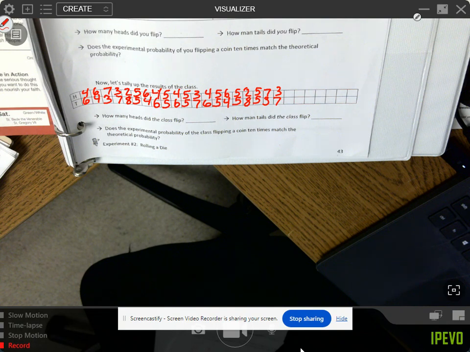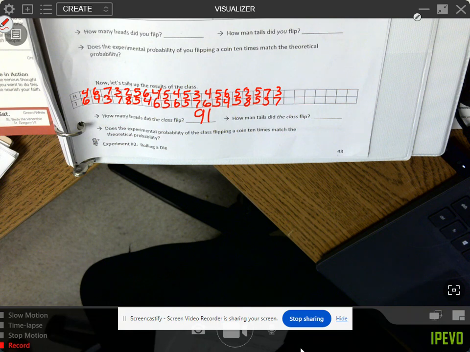So we have 4 plus 6 plus 7 plus 3 plus 2 plus 5 plus 6 plus 4 plus 5 plus 4 plus 5, oops, 5 plus 3 plus 4 plus 5 plus 6 plus 5 plus 2 plus 5 plus 7 plus 3. I got 91. Sometimes we miss a number when we put it in. Who else got 91? Okay, so there's quite a few of us that got 91.